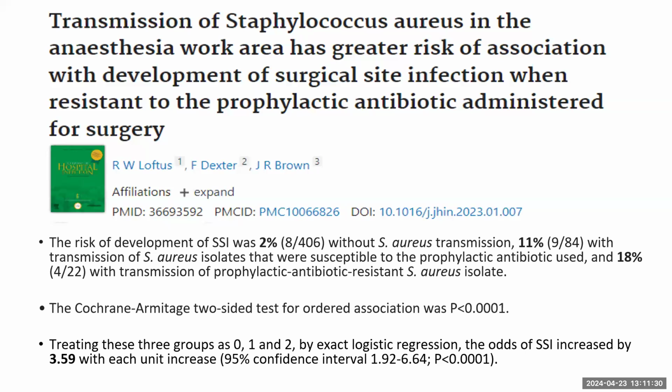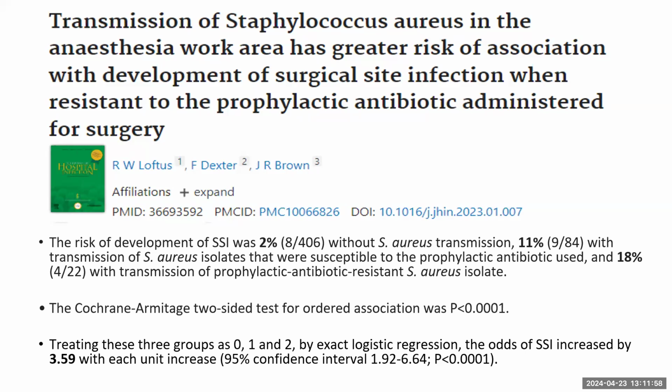So for patients undergoing surgery where there's no movement of Staph aureus detected, the risk of surgical site infection is 2%. If there's movement detected of an isolate that happens to be sensitive or susceptible to the prophylactic antibiotic that was used for the surgery, then the risk of developing surgical site infection is approximately 11%.